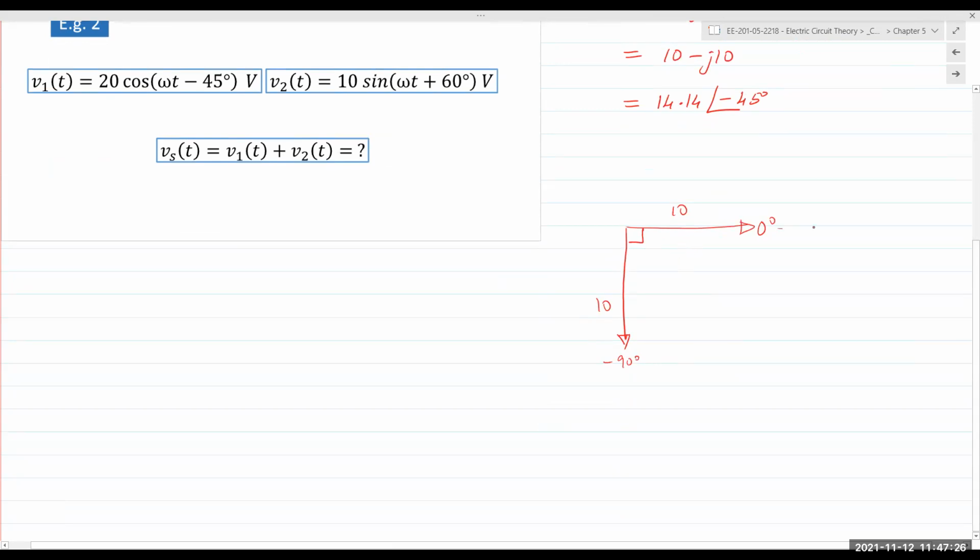And you're projecting this on the real axis. Of course, this is the projection on the real axis. This is a projection on the negative imaginary axis. So the resulting triangle would be the intersection of these two right there. And because they're both 10, the vector, of course, would intersect right there.